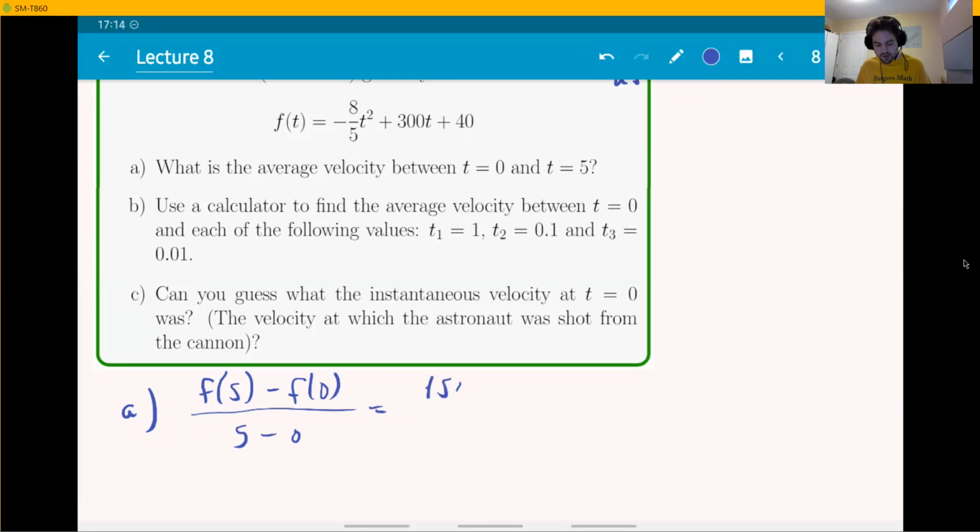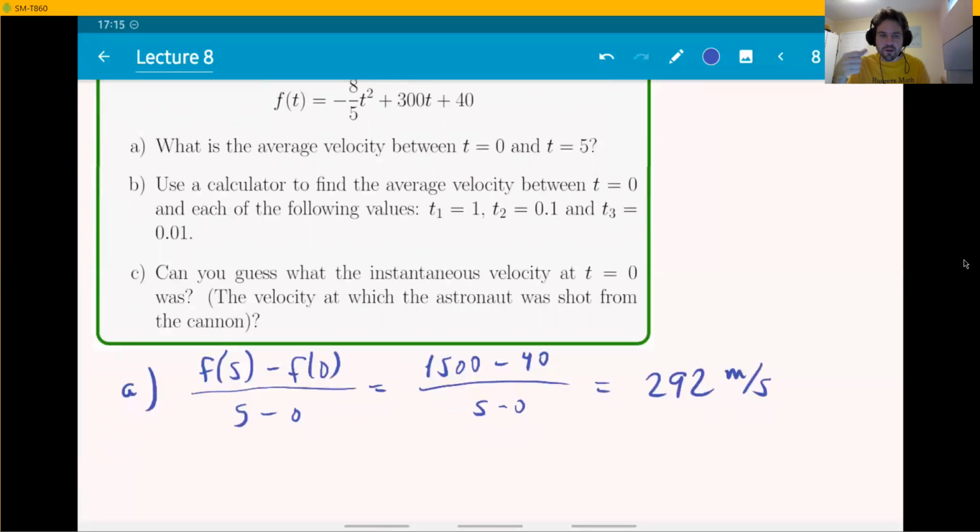I don't want to waste time doing computations, but f of 5 will turn out to be 1500, f of 0 is 40, and this will give you 292. Physical units here would be meters per second. That's the average velocity of this stuntman between t equals 0 and t equals 5.